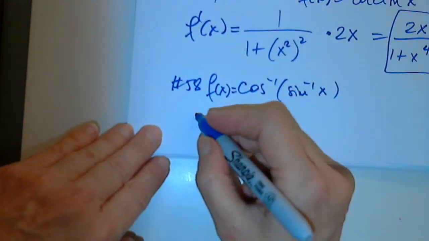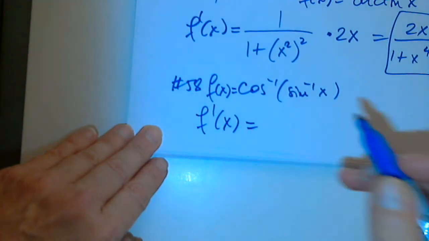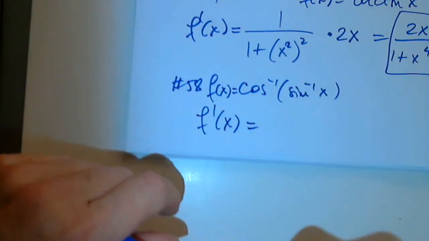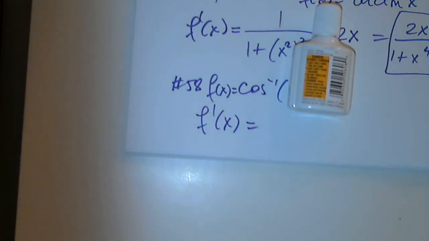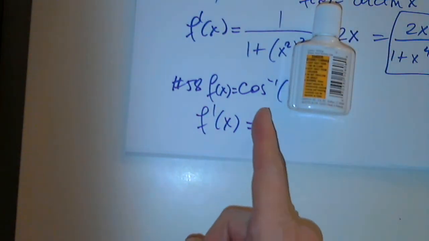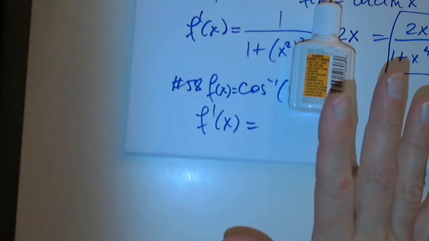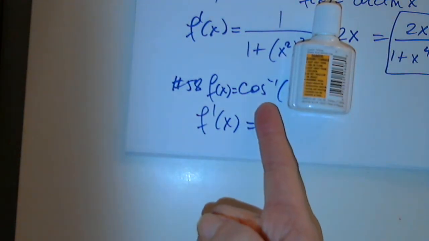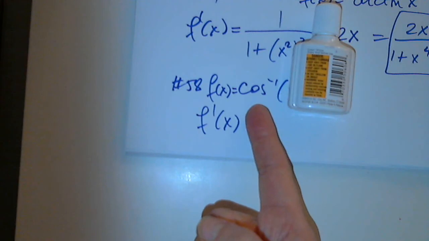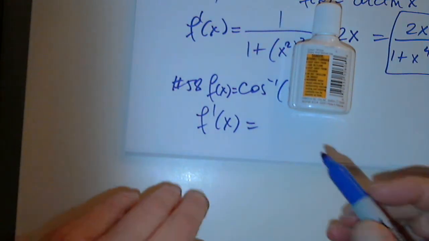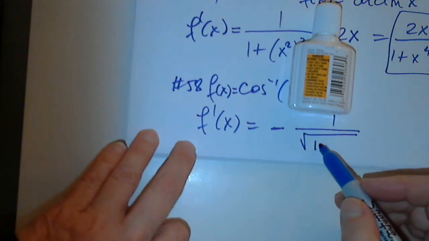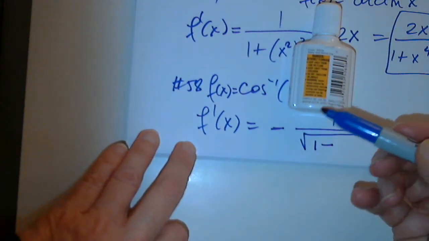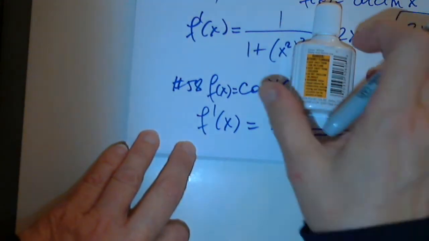Okay, so now I have to determine f prime of x. And remember, I start from the outer and go towards the innermost. I have to differentiate. This is the argument. I don't care for it right now, but I need to differentiate arc cosine, or cosine inverse. And I know that this is negative in front, 1 over the square root of 1 minus, and now I will uncover this and square it.